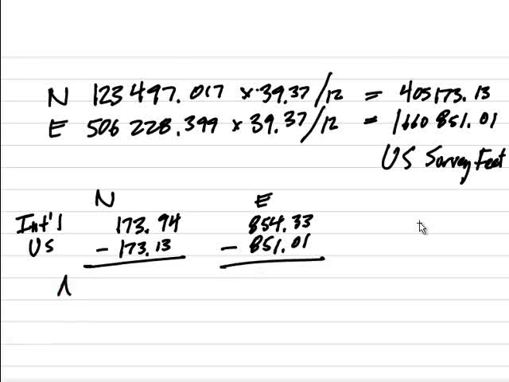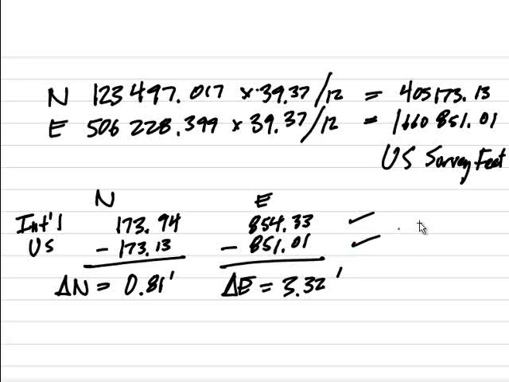That's going to give me a shift in the northing of 0.81 feet and a shift in the easting of 3.32 feet. Well, that's a pretty significant mistake, isn't it? As we convert from international feet to U.S. survey feet, we can have that kind of shift.